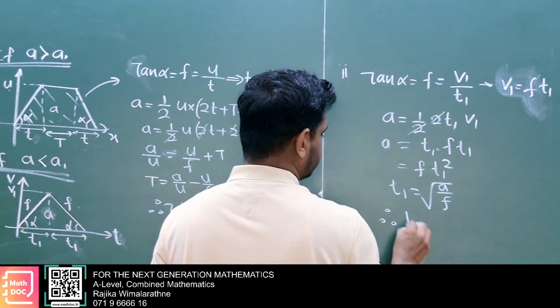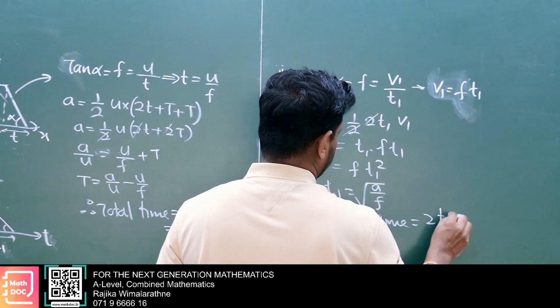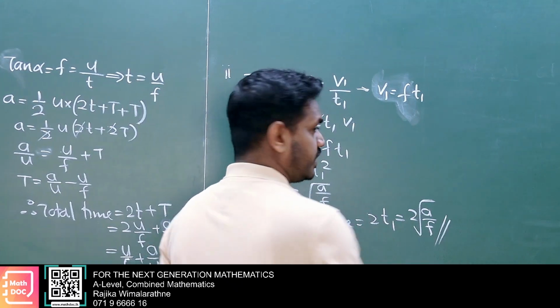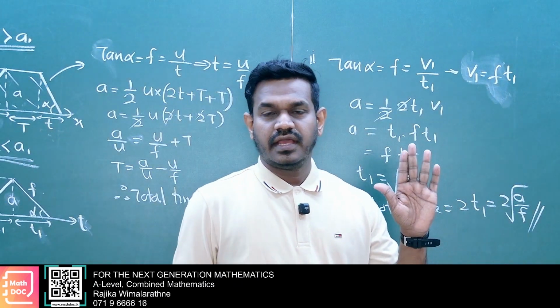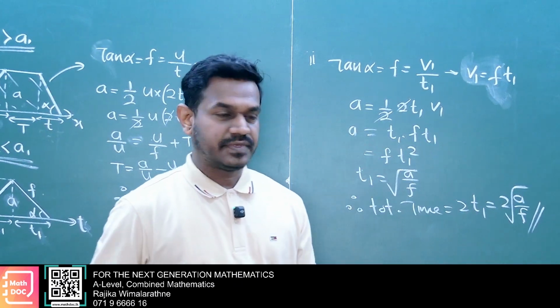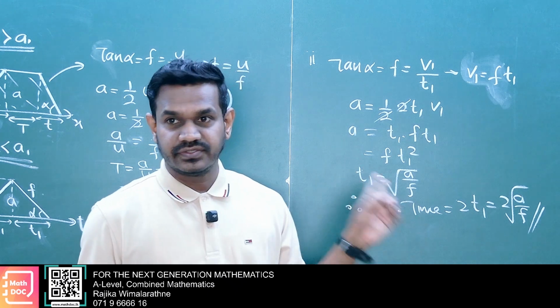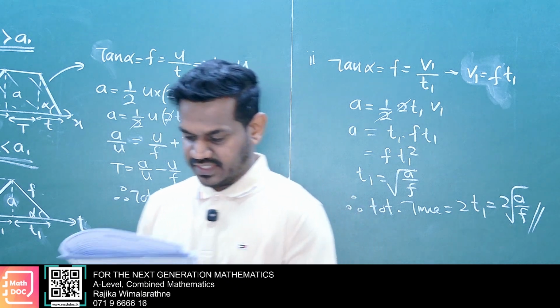Now here for this case, total time 2T1, 2A divided by F root. Here this is the total time now. Okay. Identify that question. That is a very special relation. Otherwise, if you don't have any experience, you can't do this one. Okay. That is question number 43.